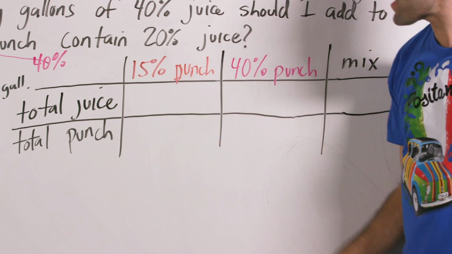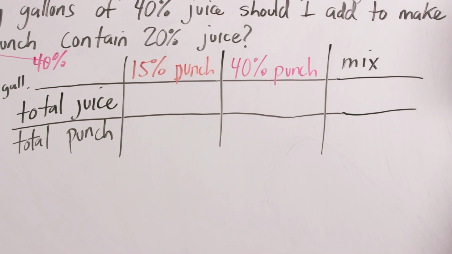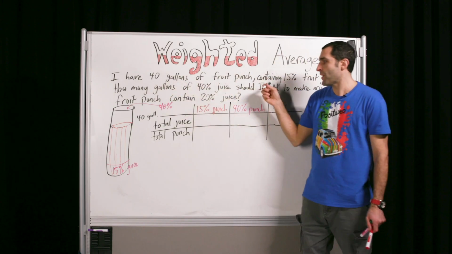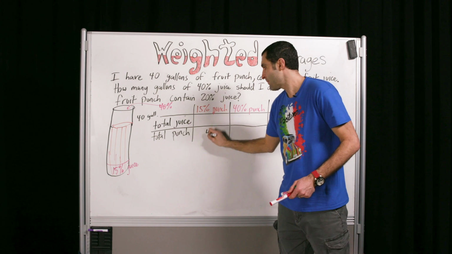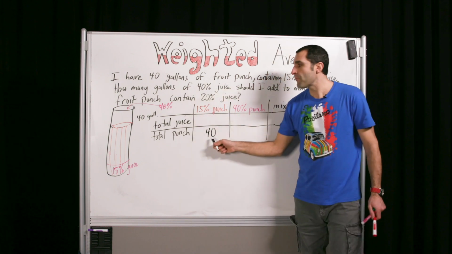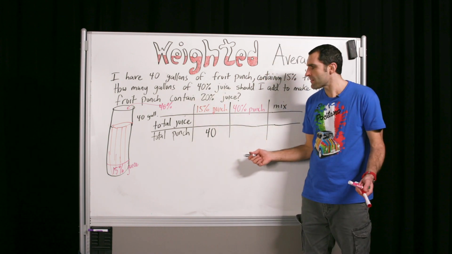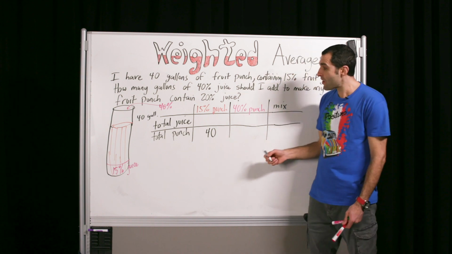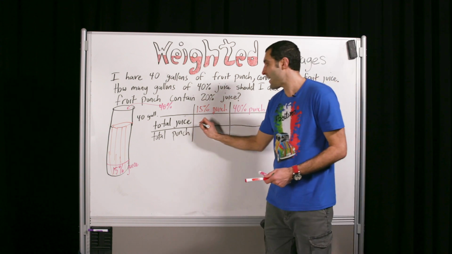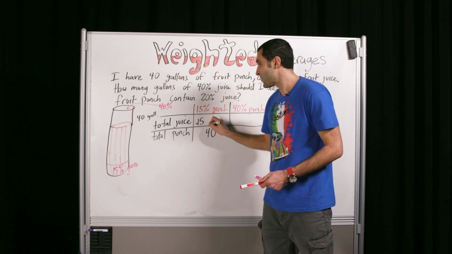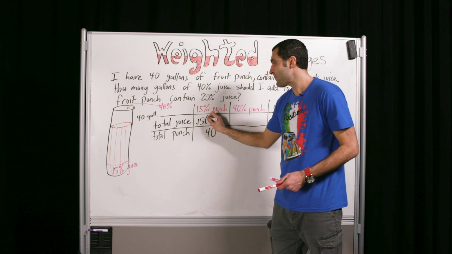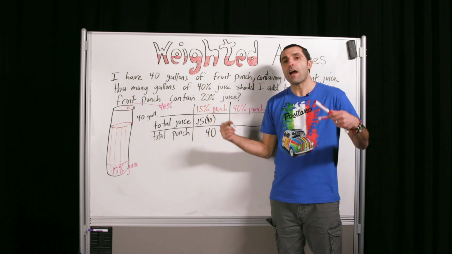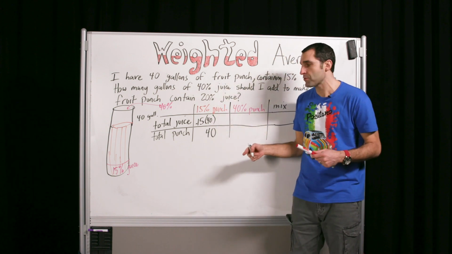With regards to the 15% punch, I know how much punch we have: 40. I have 40 gallons of the fruit punch, so we'll put 40 down. Within this 40, how much juice is that? Well, I know it's 15% of this. So I can say 0.15, which is 15%, times 40, because 15% of those 40 gallons is actual juice.